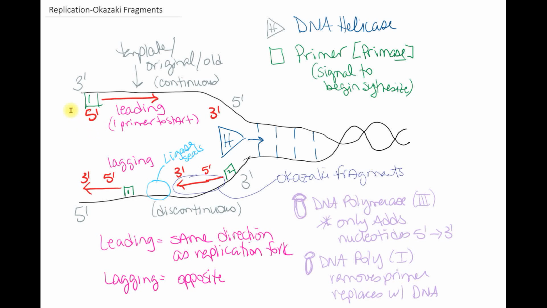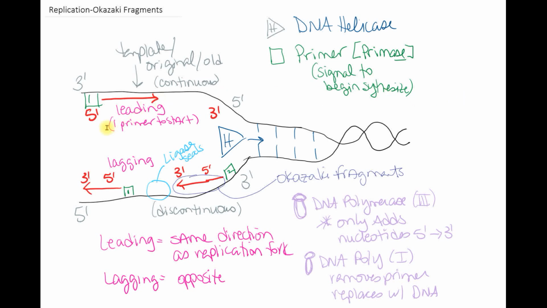Let's talk about the leading strand first. We have what is called a primer, and the primer is going to lay down on the original 3' end. That's what this green box with the 1 is. And when it has that primer, the enzyme called primase will signal that it is time to start building the new DNA molecule from the template.